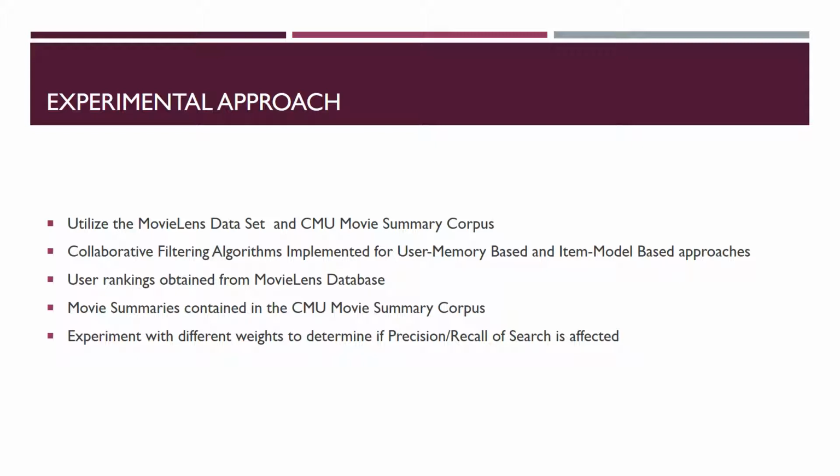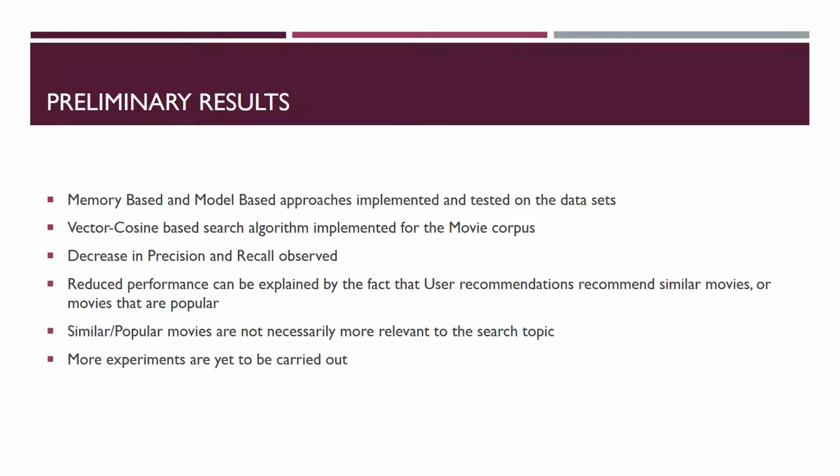The movie summaries are used for search purposes, whereas the user rankings are used for predictive collaborative filtering purposes. The experiment is to try different weights of predicted results to see if precision and recall of search is affected. Search is implemented using a standard vector cosine approach.